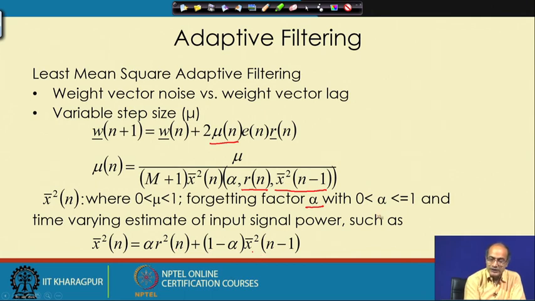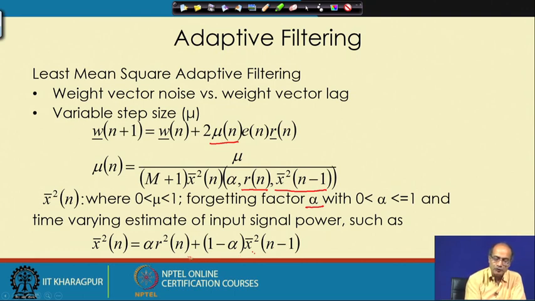Now, if we choose a value in between, which would be the usual case, it will take some part of the reference input, as well as use part of the previous estimate.